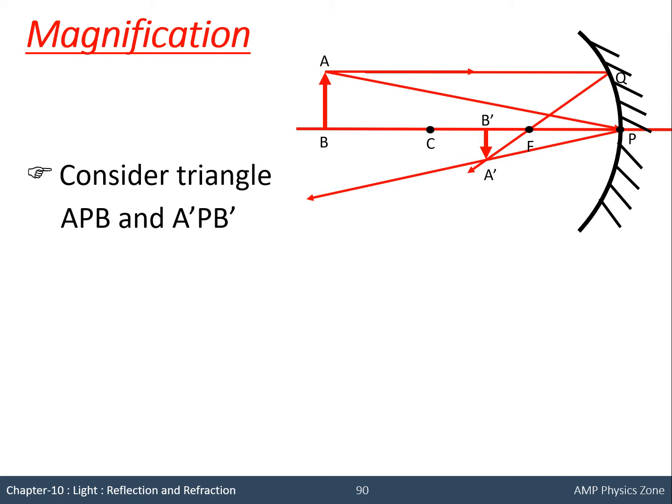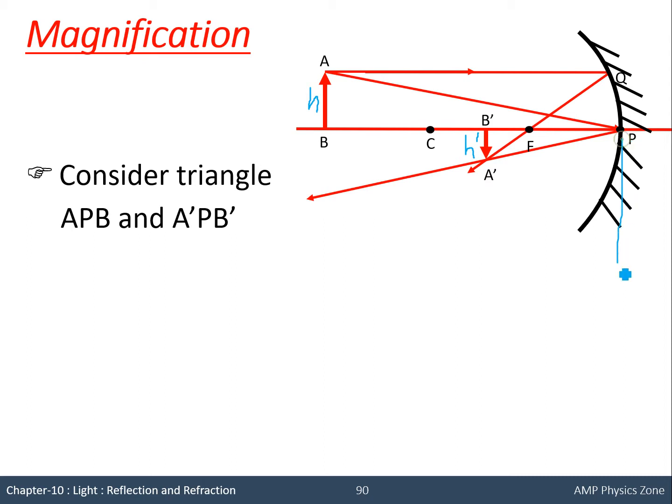So this diagram you need to draw. Here AB is the object, A dash B dash is the image. AB is H, A dash B dash is H dash.